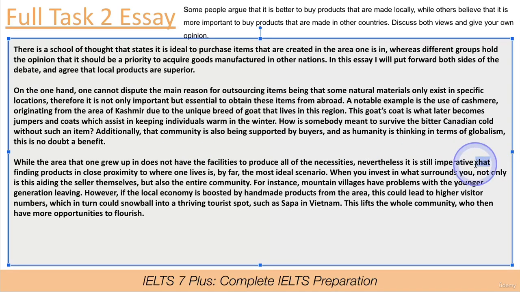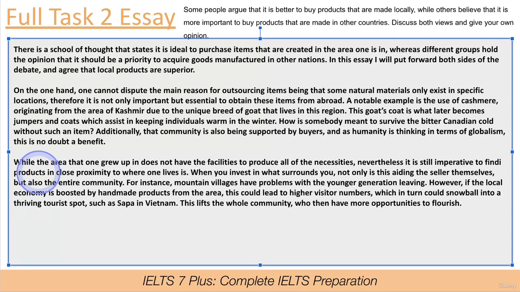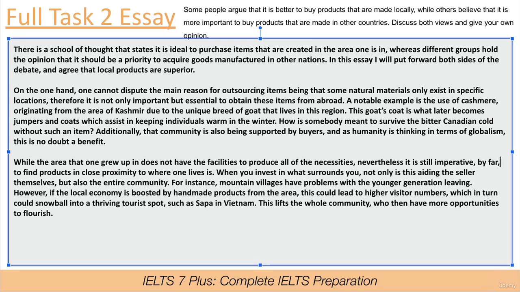Let's change this a little bit. Find products in close proximity to where one lives. We could say by far here. I like that. Okay, that's better.